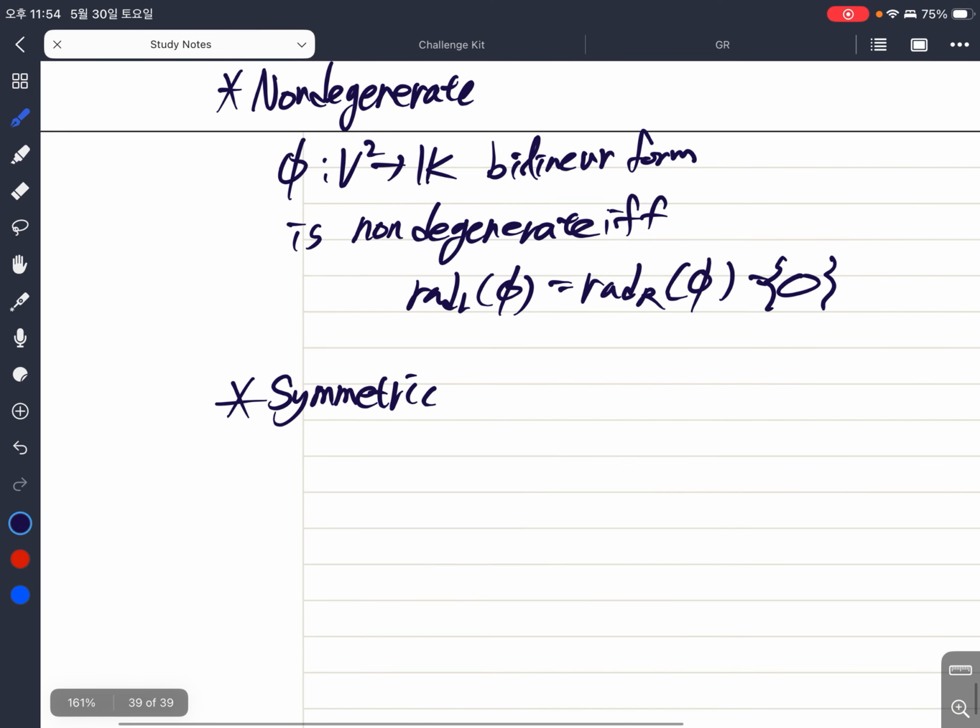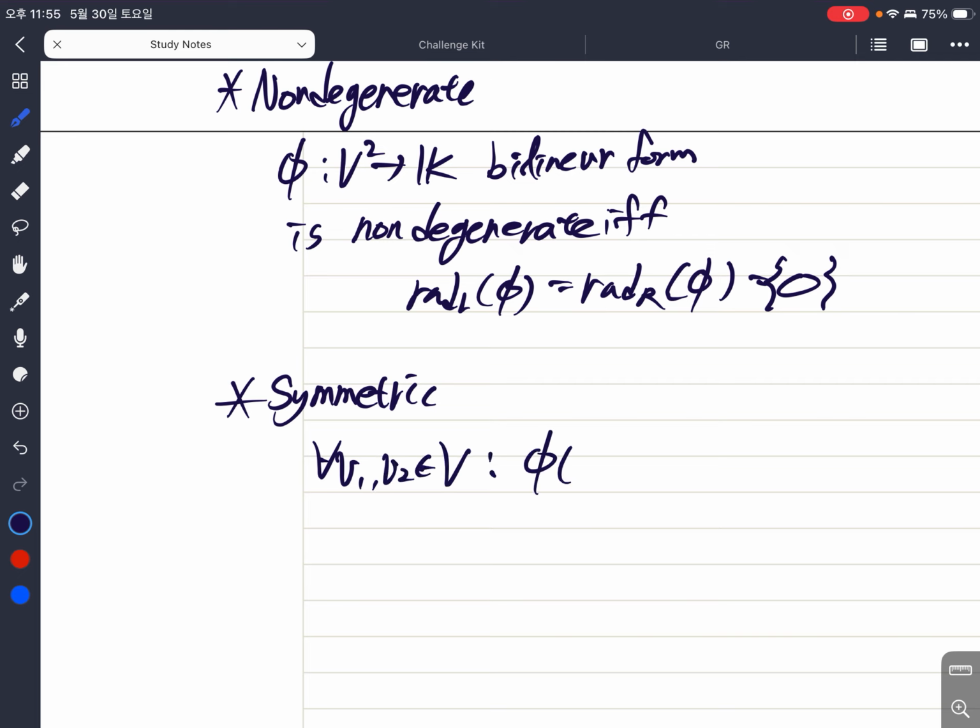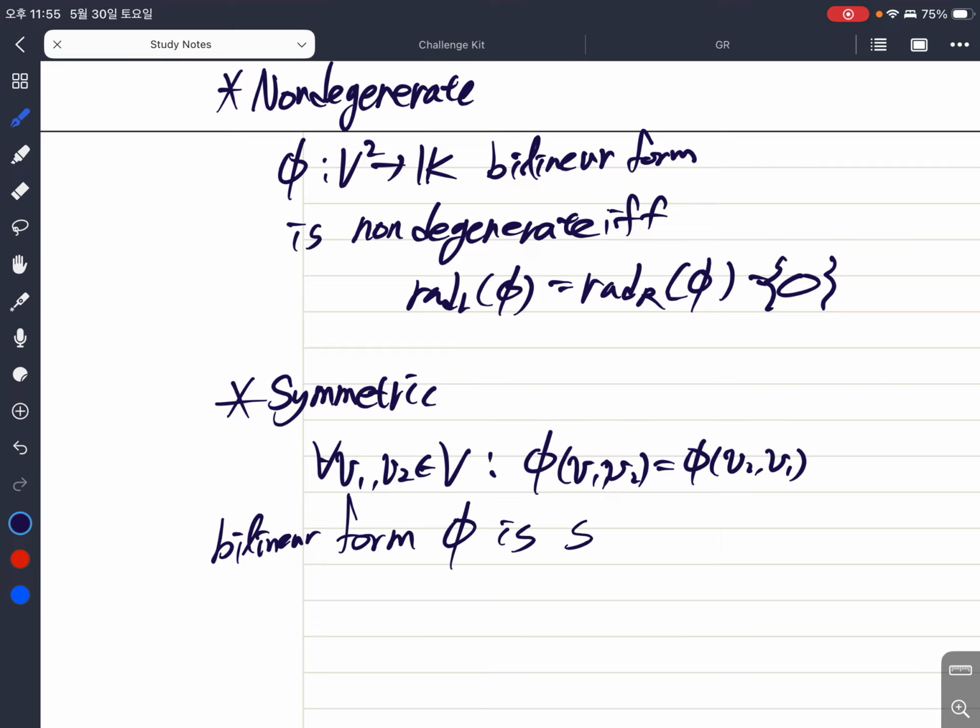For a bilinear form phi, let us say v1 and v2 are elements of V. If phi(v1, v2) equals phi(v2, v1), then the bilinear form phi is symmetric.